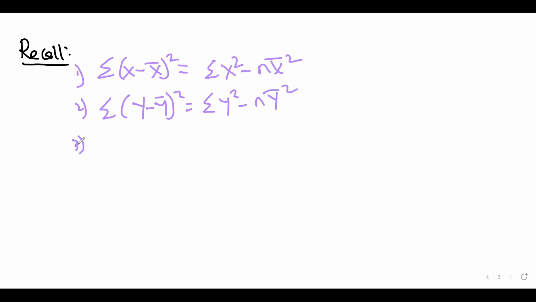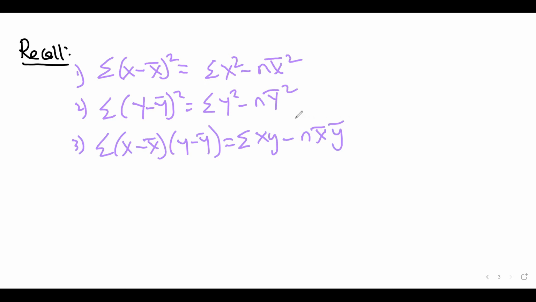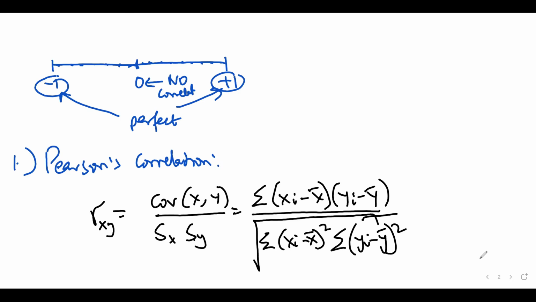And also the summation of x minus x bar multiplied by y minus y bar is the same as the summation of xy minus n x bar y bar. I guess these are things that you've come across elsewhere, so I'm just repeating myself.